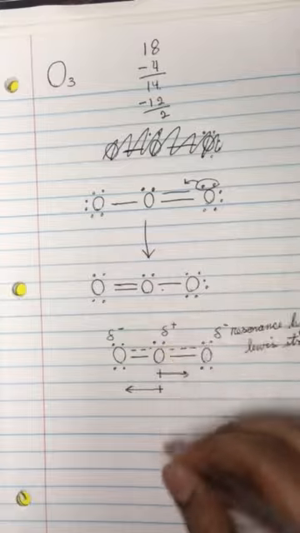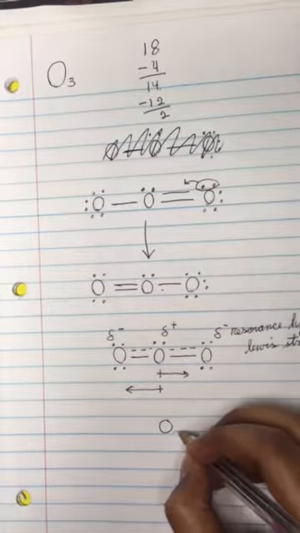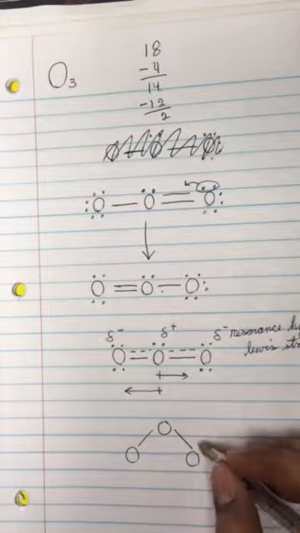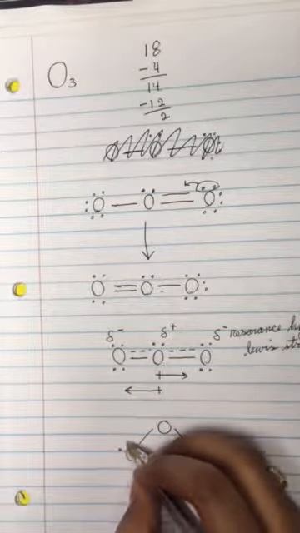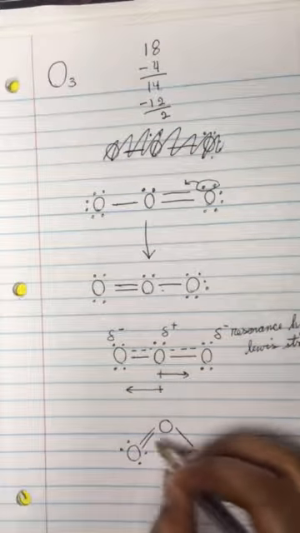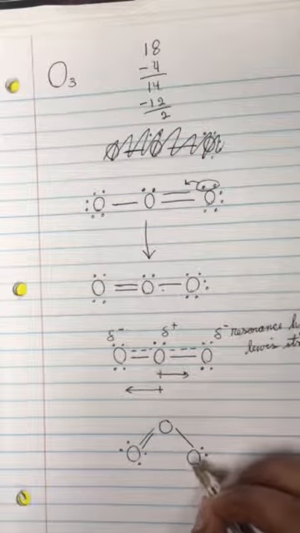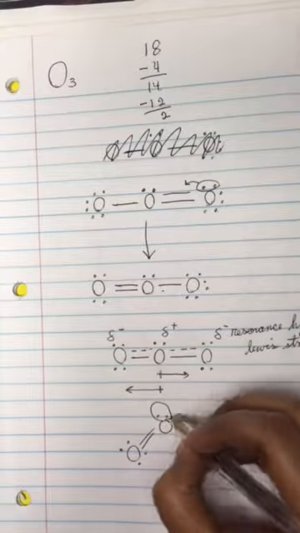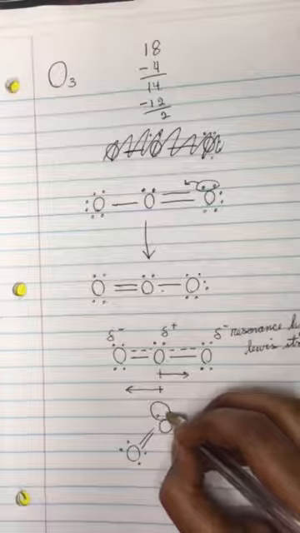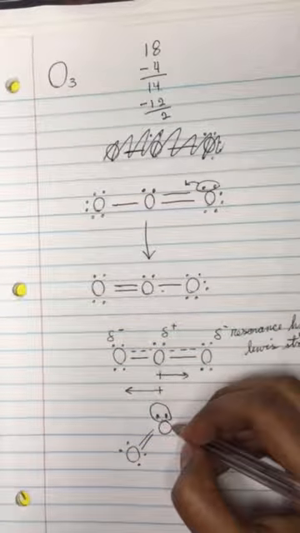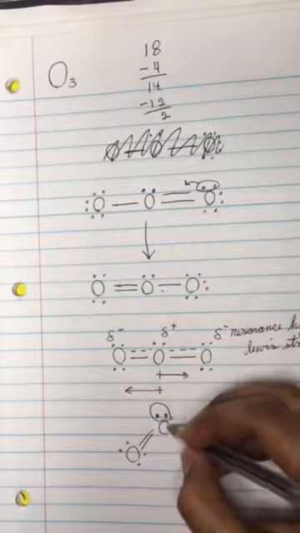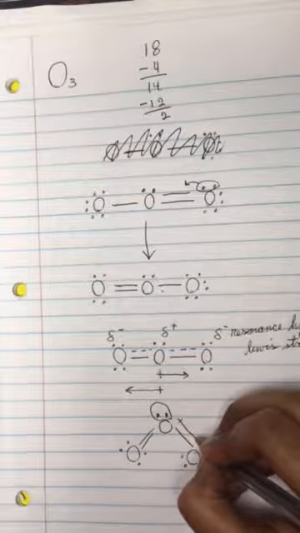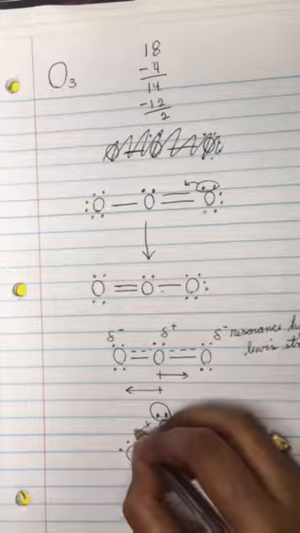Therefore, when we draw the molecular geometry for this molecule, the central oxygen has a pair of unpaired electrons, which means when I place the bond dipoles, they do not cancel out.